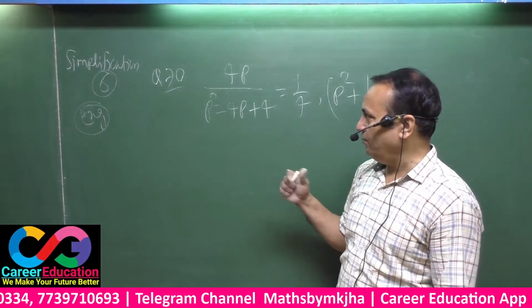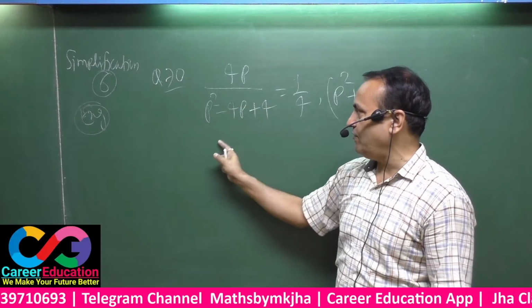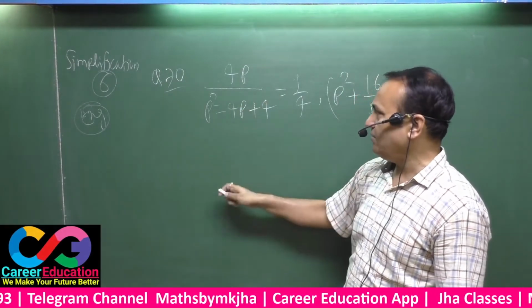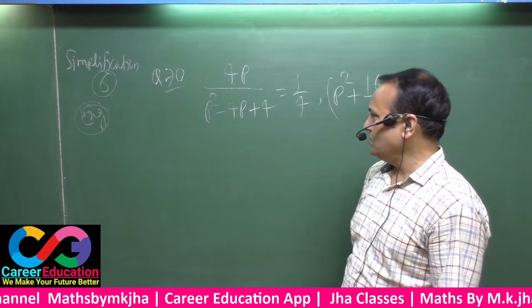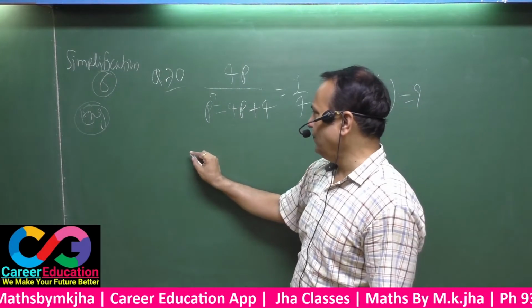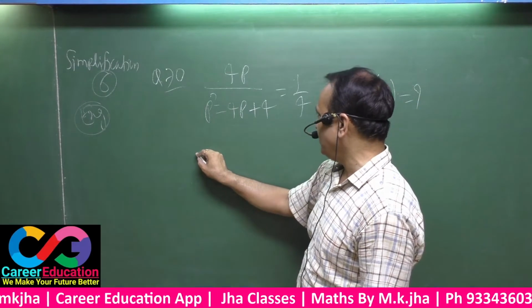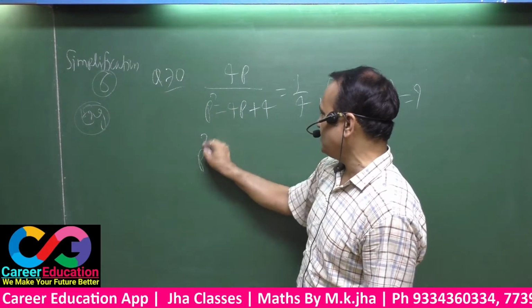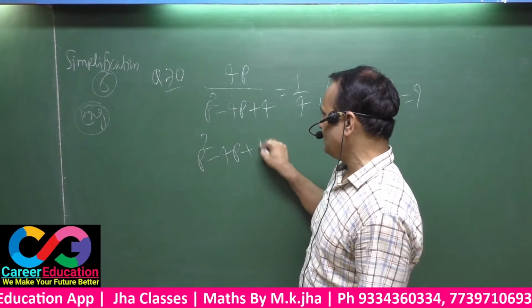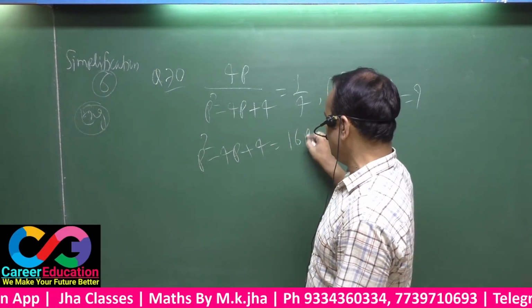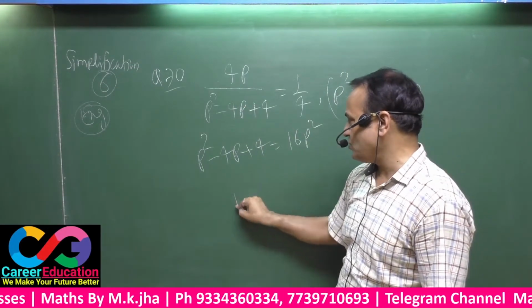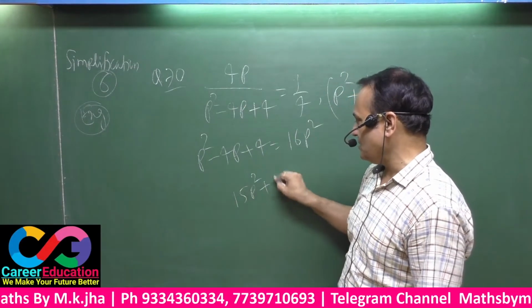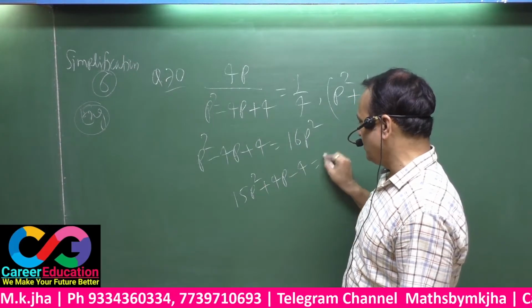You may divide this by p, or you may use cross multiplication as well. If you take the help of cross multiplication, this will be 16p square. Again 16p square, that will be 15p square plus 4p minus 4 equals 0.